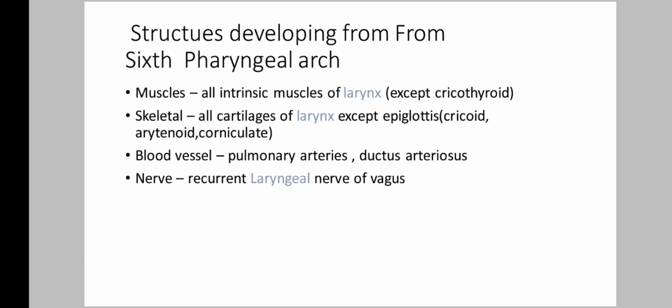The skeletal derivatives are all the cartilages of the larynx except epiglottis, which basically includes cricoid, corniculate, arytenoid. The blood vessels are the pulmonary arteries and ductus arteriosus. The nerve supply of this arch is the recurrent laryngeal nerve of the vagus.